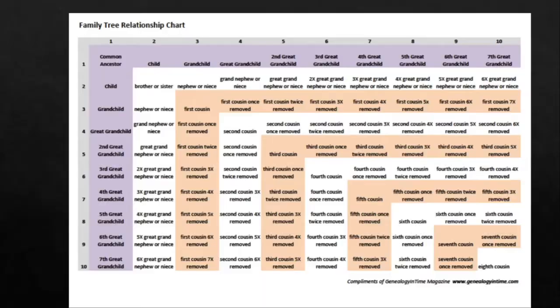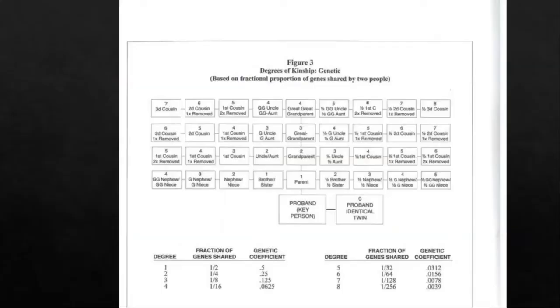There's another relatively common one. I threw this in at this point because when you're looking at degrees of kinship for genetic purposes, if you are doing DNA, then one of the things, and again, I'm not going to go into too much detail on this, is that every generation, folks are related by half the DNA. Okay, so you have half the DNA of your parent.